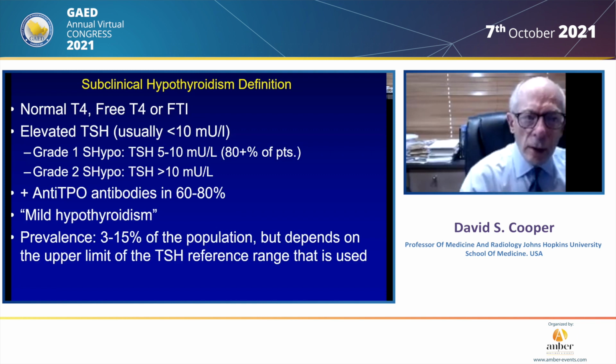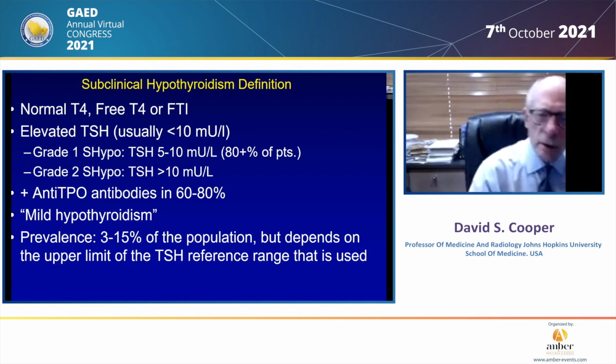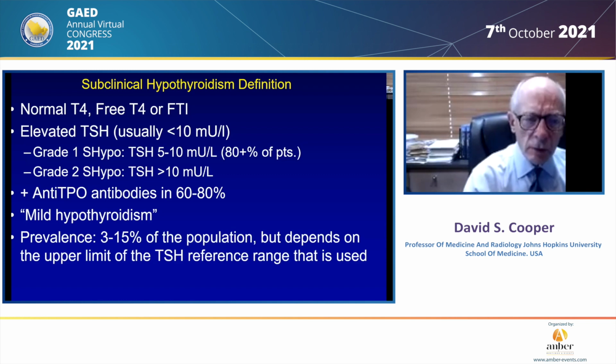So subclinical hypothyroidism is obviously defined as a situation where the T4 and T3 are normal, but the TSH is elevated. The vast majority of people with subclinical hypothyroidism have a TSH between 5 and 10. Many, but not all people, have anti-TPO antibodies, and some people might call this mild hypothyroidism.